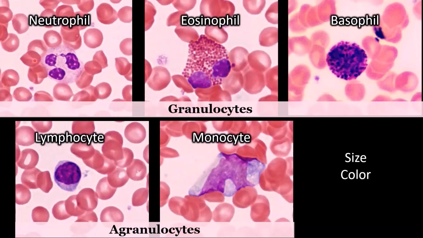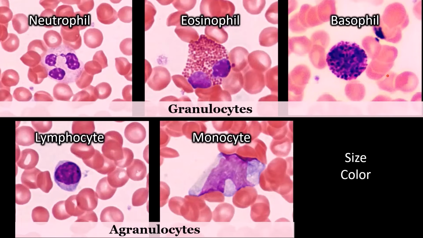You can see that the neutrophils, lymphocytes, and monocyte basically have the same color scheme, so color doesn't really help you there. But the eosinophil is the only one that is going to be more of a red color when you're comparing it to the red blood cell. The basophil is a dark purple color.